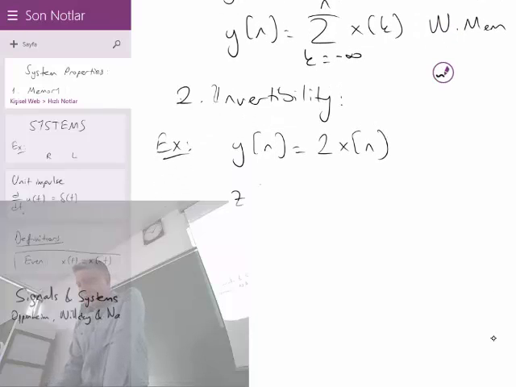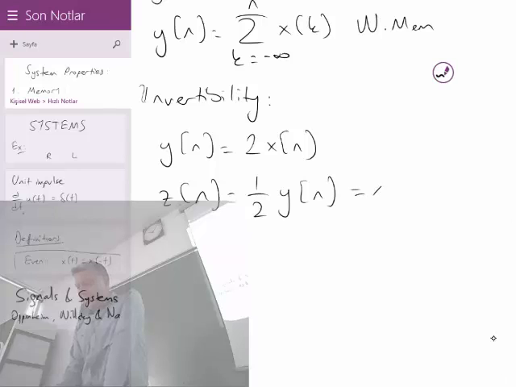If you say z of n is equal to half of y of n, it will give you x of n. So the attenuation system, halving system, is the inverse system of the double magnification system. So of course it is invertible. Let's put a check. It's invertible.